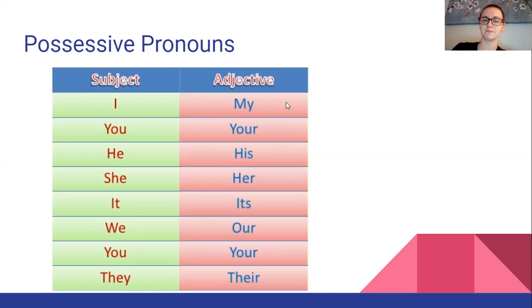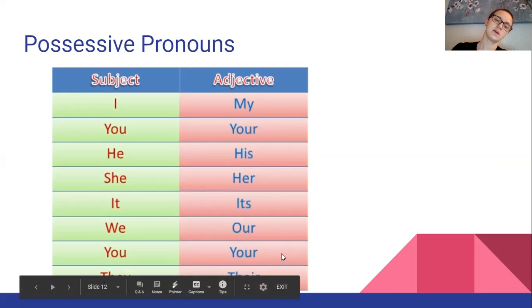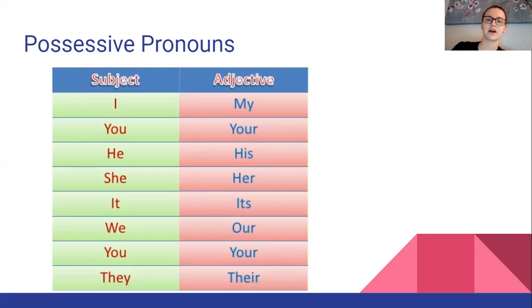So the first one, my, your, his, her, its, our, your, and the last one, we'll see the spelling in a second, their. So these are our possessive adjectives.